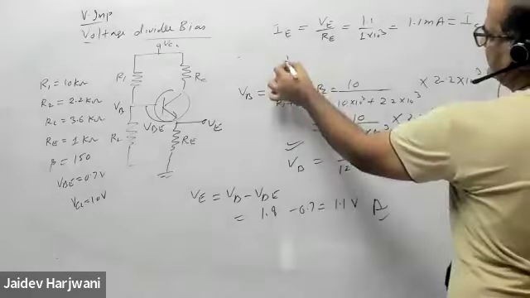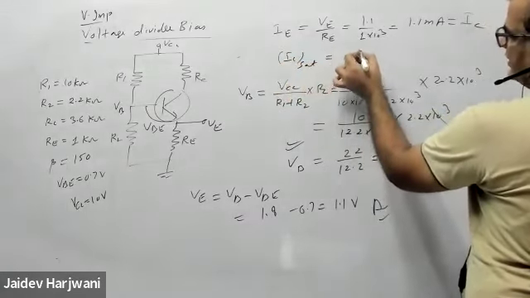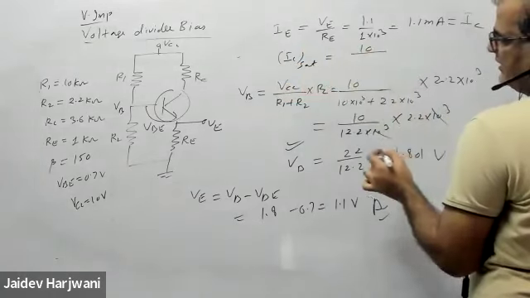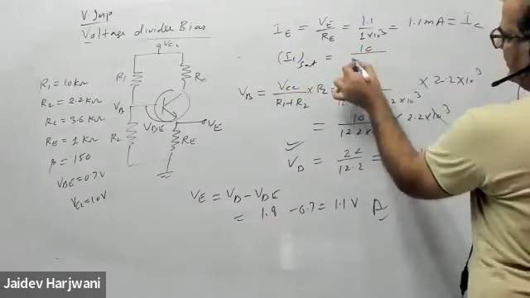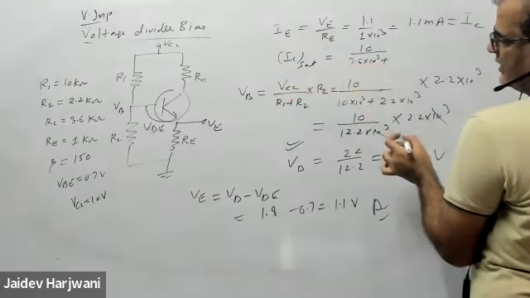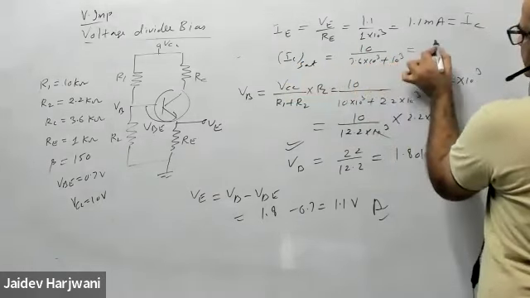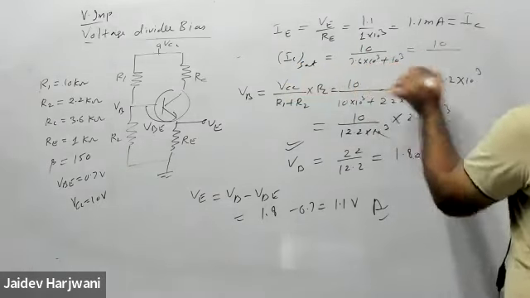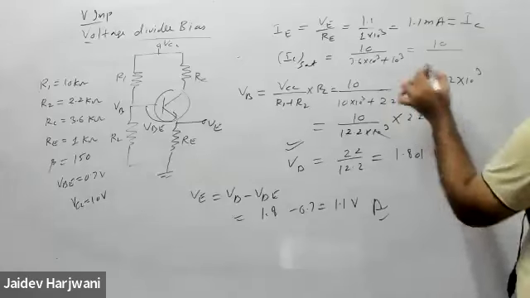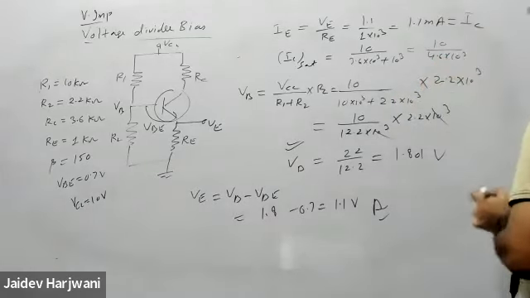You can find IC saturation. VCC 10 upon RC plus RE. RC is 3.6 kilo ohm plus RE is 1 kilo ohm. 10 upon 4.6 kilo ohm. How much is coming?